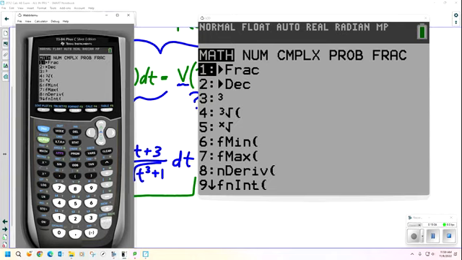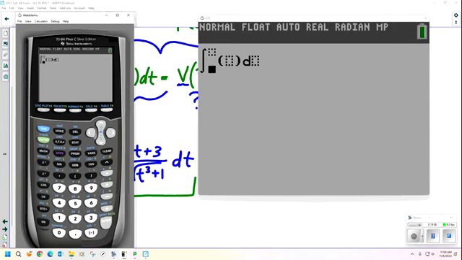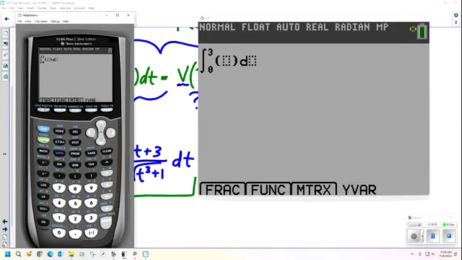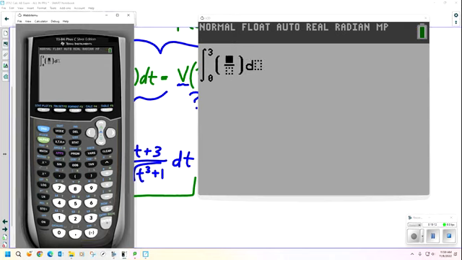So we're going to go math 9. That's integration from 0 to 3 of my fraction: x plus 3 over the square root of x cubed, pop off that exponent, plus 1 dx. And by the way, I still need to add 5.